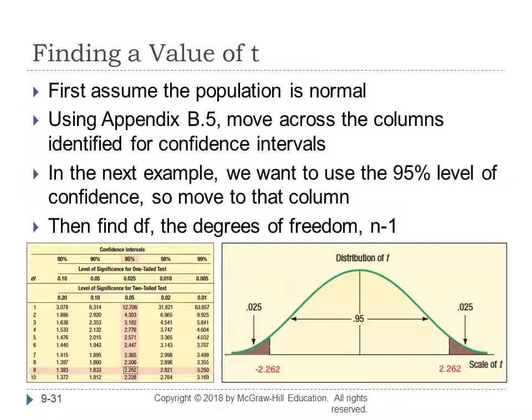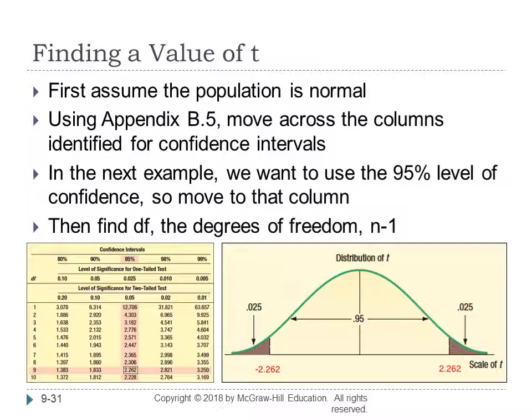Okay, for example, a 95% confidence level means the area between the t values is 0.95. That's what a 95% level is. But that means there's 5%, 0.05, area outside this interval, outside the confidence interval.